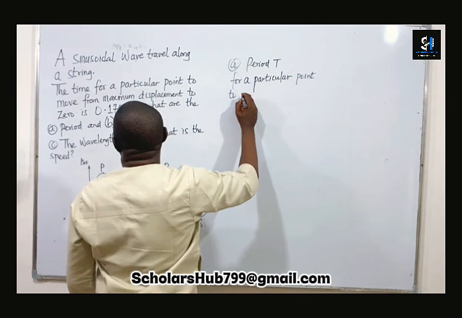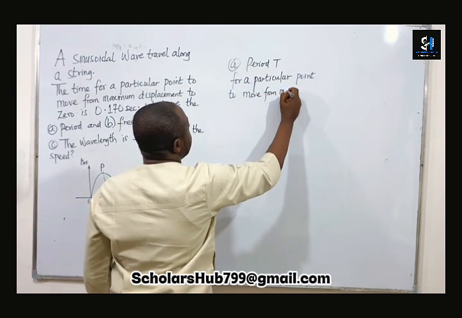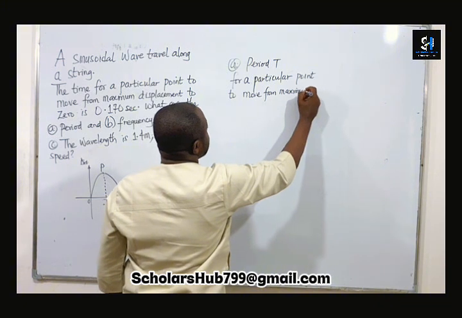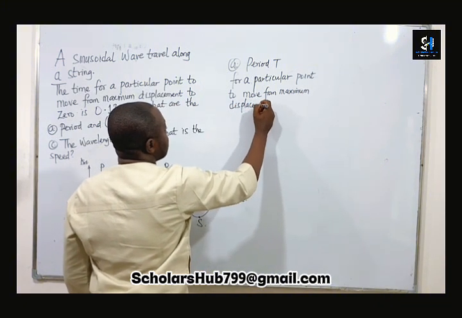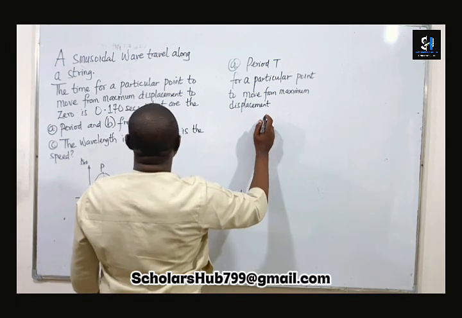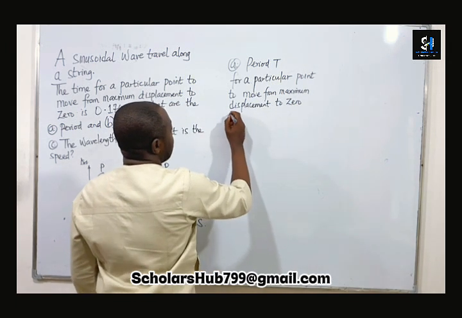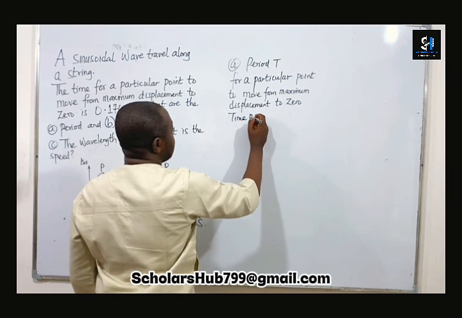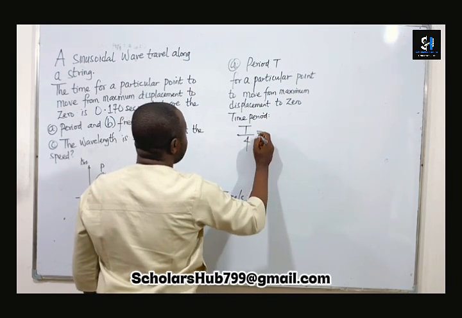So the time period T/4 equals the time taken for that point to move from maximum displacement to zero, which is 0.170 seconds.